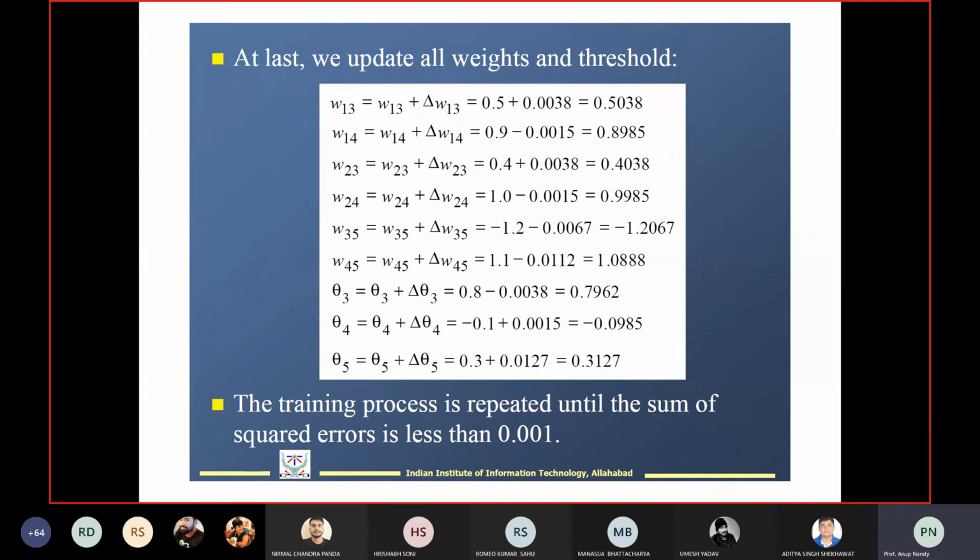After doing the error correction, you have to check the error, desired minus actual. Then you compute the sum of squared error. It is a very standard method that we have already seen as SSE in linear regression also. If the sum of squared error is less than 0.001, then you stop.